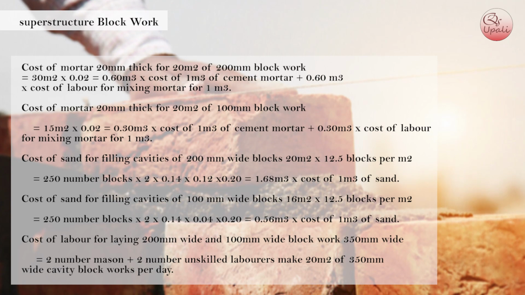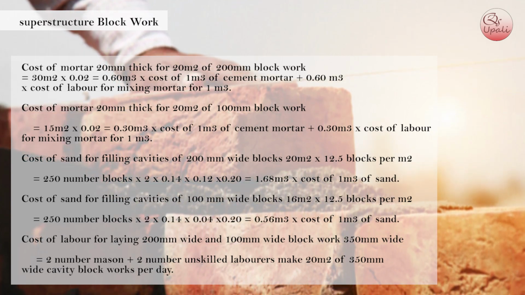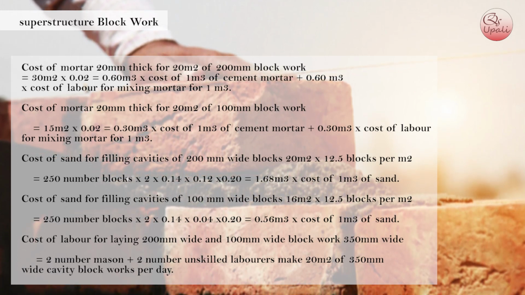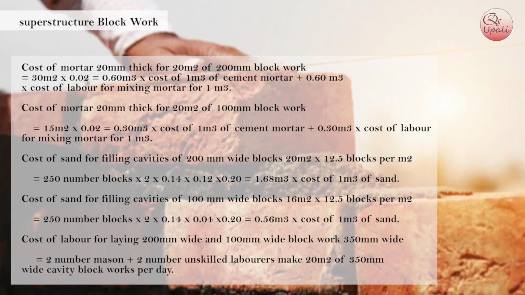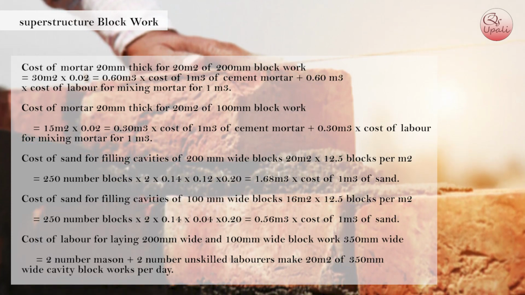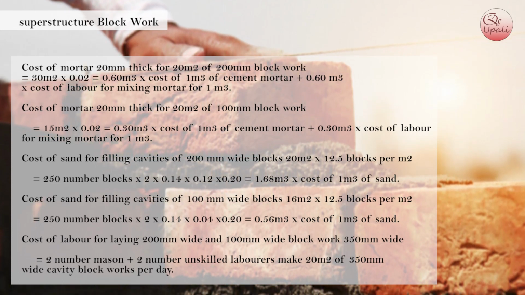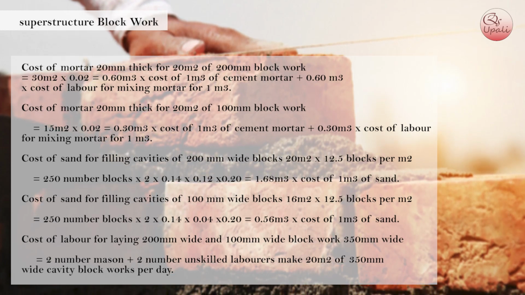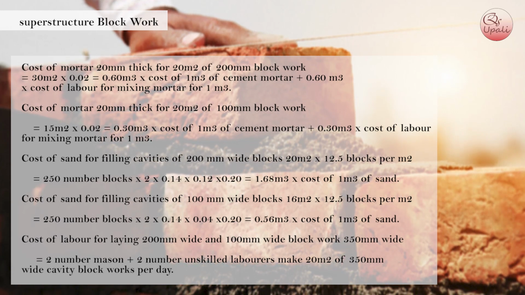Cost of mortar 20 mm thick for 20 meter square of 100 mm block work equals 15 meter square into 0.02 equals 0.30 meter cube into cost of 1 meter cube of cement mortar plus 0.30 meter cube into cost of labor for mixing mortar for 1 cubic meter.